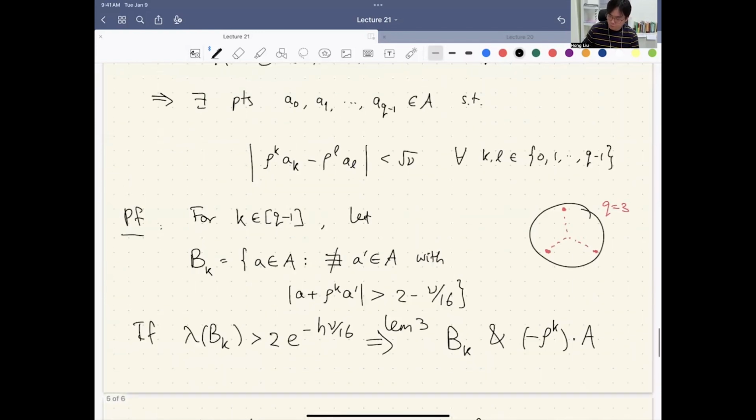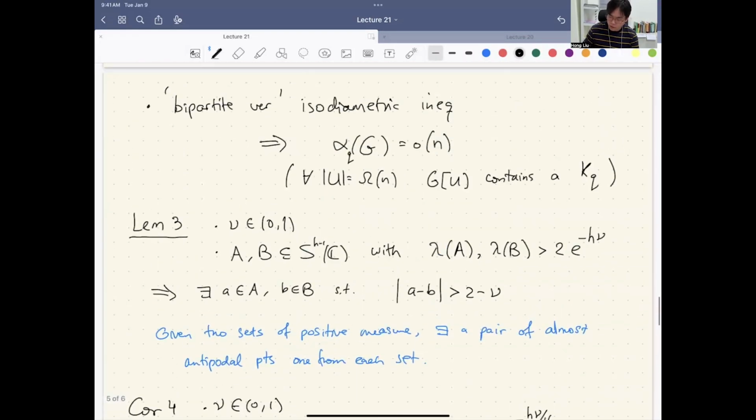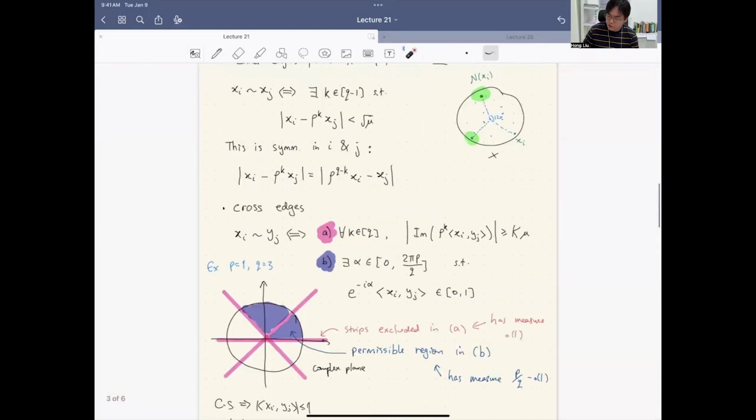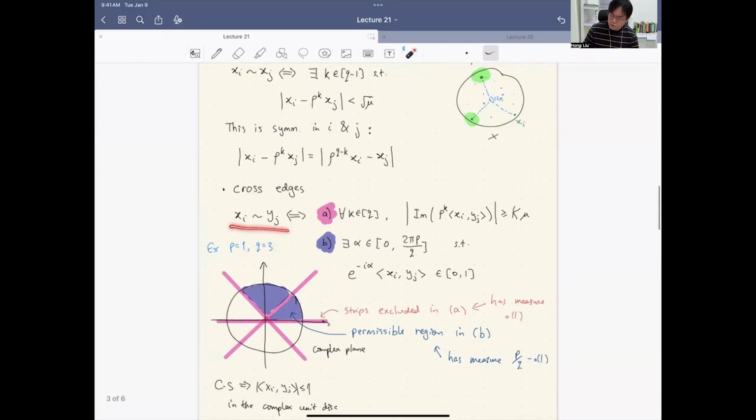Intuitively, let's look at this picture. You have inner edges, which here you have little o n square edges. The inner edges are not hard to show. For the cross edges, even though we scoop out some small strip, as I said, this small strip has measure little o1, it can be shown. And their inner product lies in this whole unit disk.